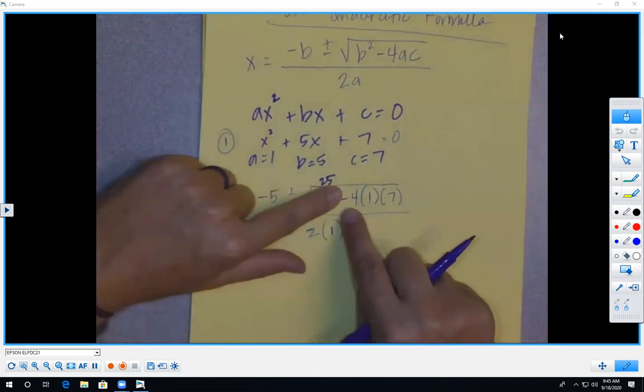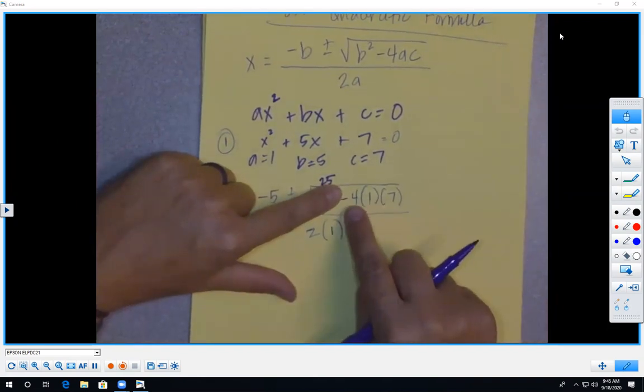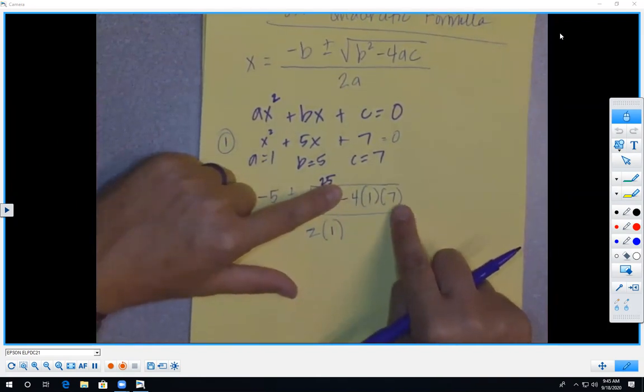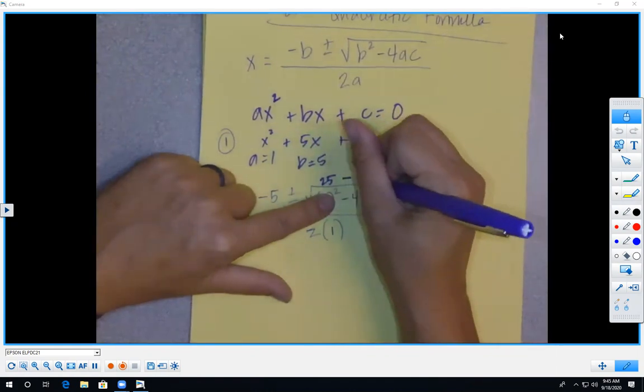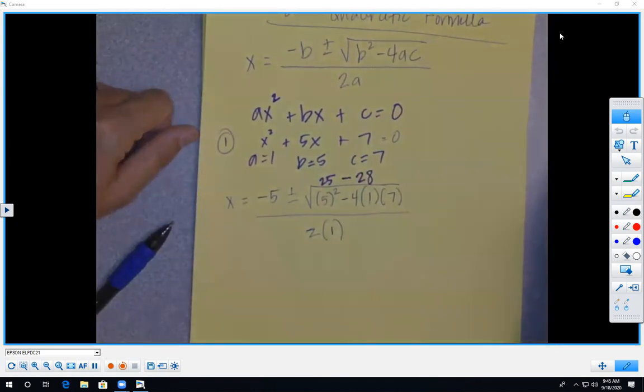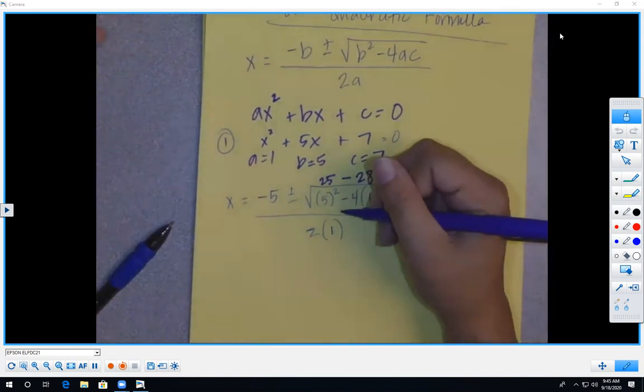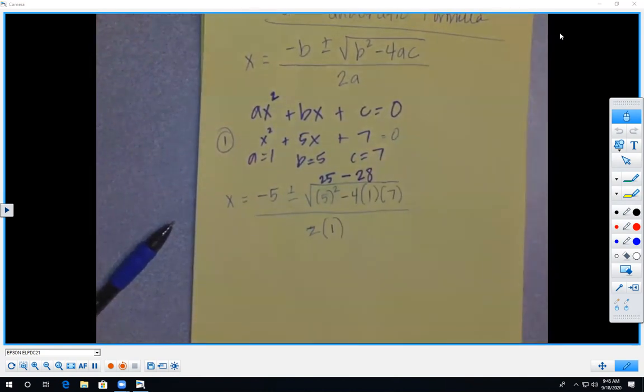Think of that as negative 4 times 1 times 7. What's negative 4 times 1 times 7? Negative 28. Okay, so if it's a negative 28, I'm going to subtract 28. If it was a positive 28, I would add it. Okay, so that minus sign, don't think of it as subtract, think of it as negative 4, and if your answer comes out negative, then you subtract it.